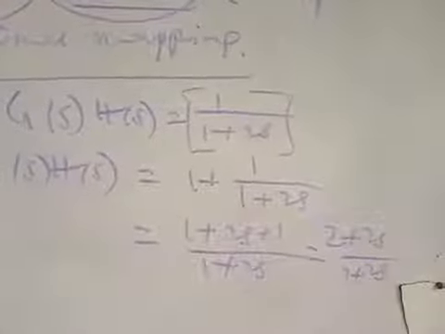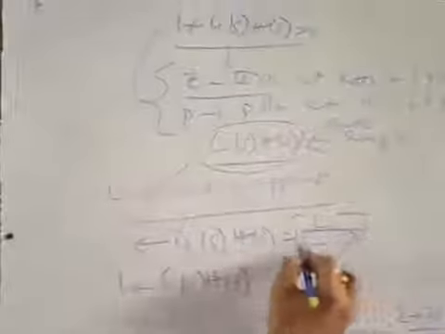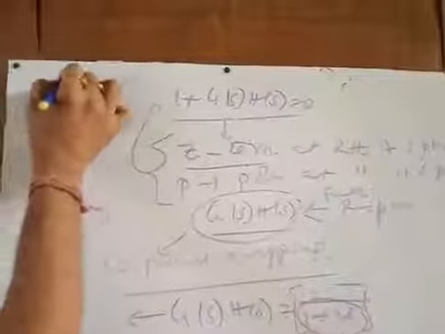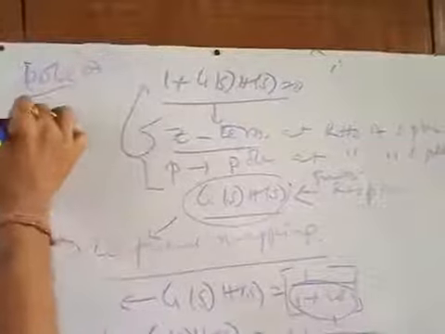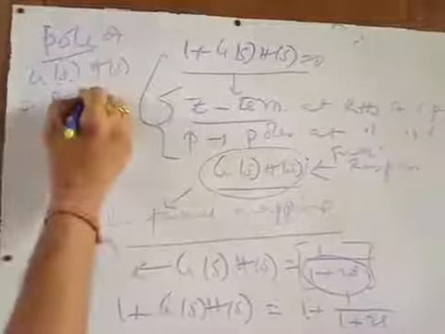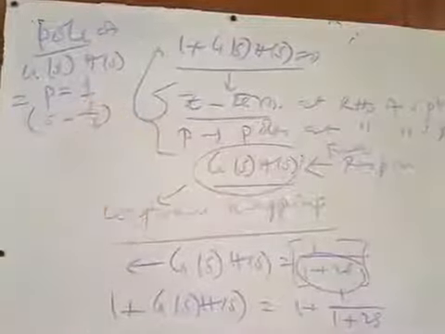So you see there are two things. One is that G(s)H(s) is having the poles. What is the total number of poles of G(s)H(s)? We may write P equal to 1, and the position is at s equal to minus half. This is the position of the pole, and there is a single pole of G(s)H(s).